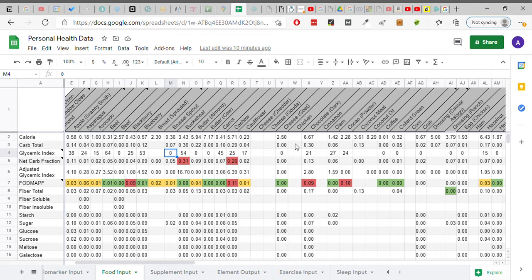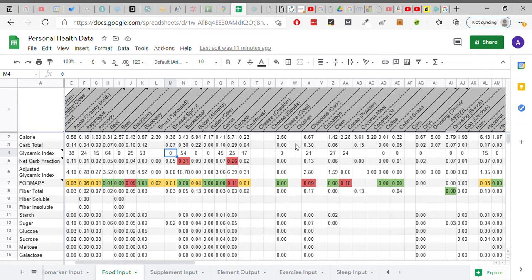Now I don't know about you guys, but sometimes I get really hungry and I can eat a ton of food. But according to the glycemic load, whether I eat a ton of food or just one standard serving size of that food is basically the same.